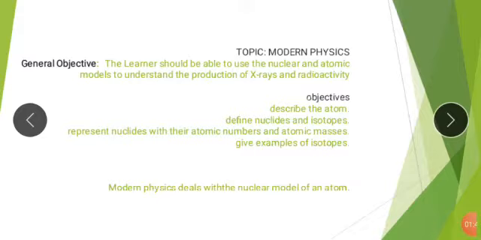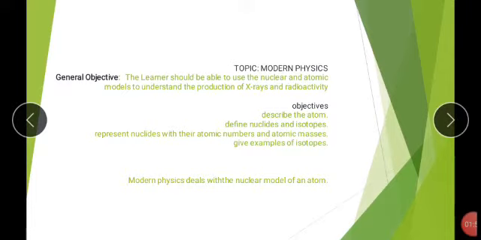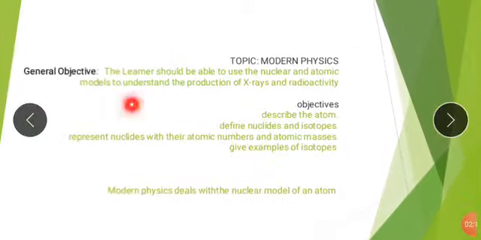Now, for today's lesson, we are going to concentrate on the structure of an atom, as we've seen that modern physics deals with the nuclear model of an atom. By the end of this lesson, you should be able to describe the atom.